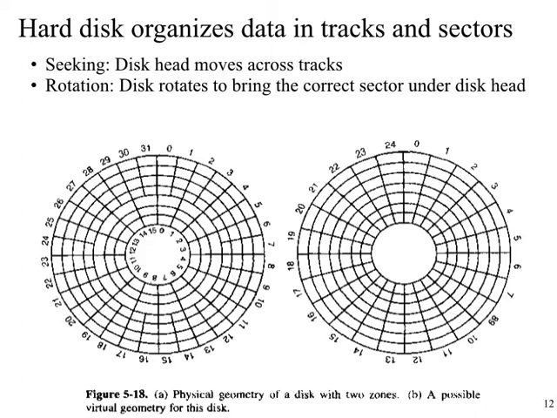However, it's very hard for operating systems to know which specific make and model has what type of sector and track density. So in order to simplify the job of device drivers, the disk controller may expose the virtual geometry, which is shown in figure B. In the virtual geometry, you have the same sectors and tracks except that every track has an equal number of sectors.